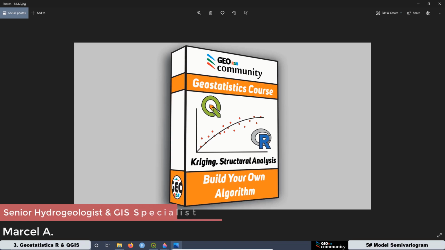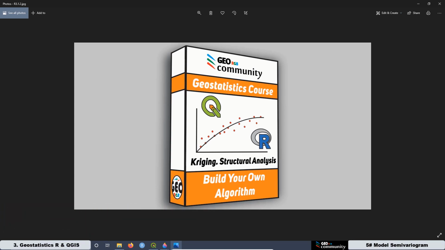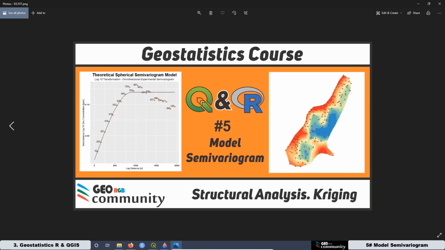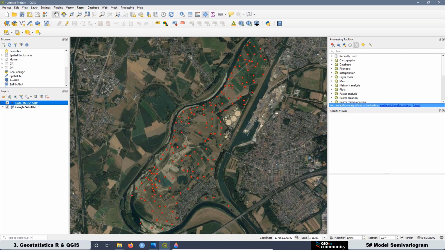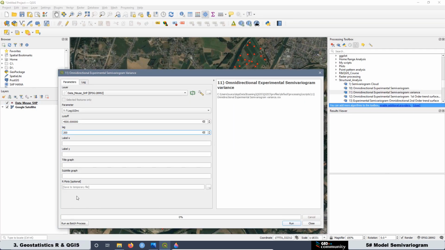The main topic of this course is structural analysis for Kriging Cokriging interpolation. This is just a summary of the 5th lesson of the course, and today we are going to be talking about model semivariogram. We are going to start this lesson plotting the experimental semivariogram with the line of the variance.